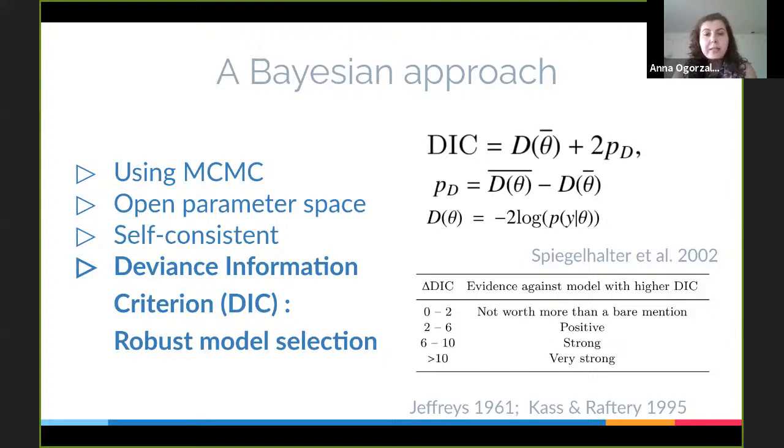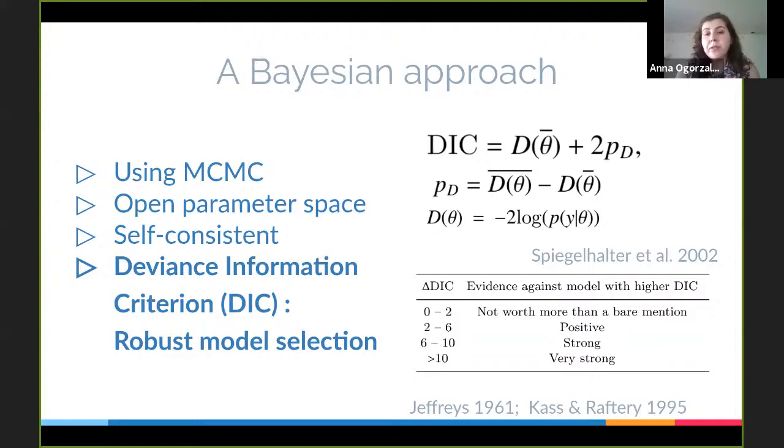And then to decide between models, we use Jeffreys' scale, which is shown here in the table. So if the delta DIC between two models, so the difference between them, is greater than, say, 10, we say that there is very strong evidence that one model is preferred over the other. We choose delta DIC of 10 as a threshold in our model selection, which is a somewhat conservative assumption.